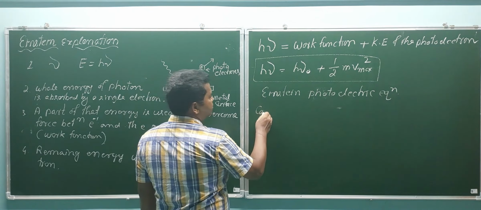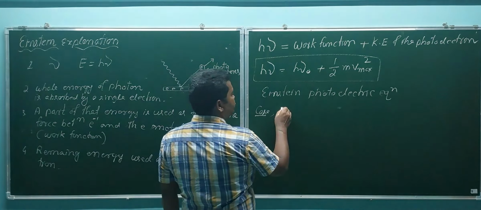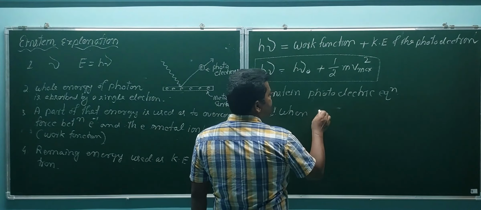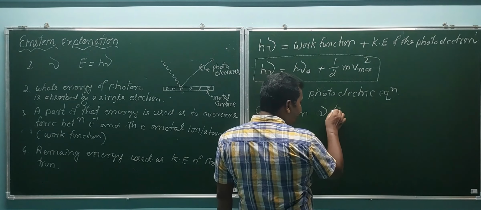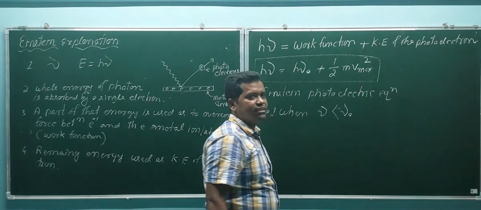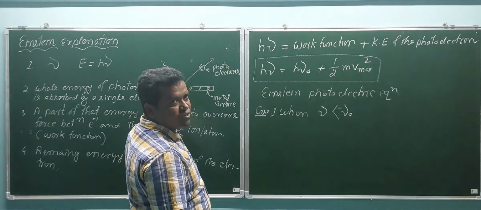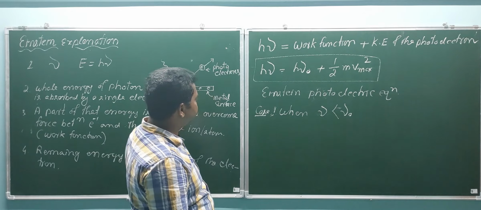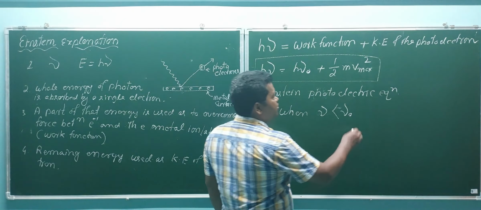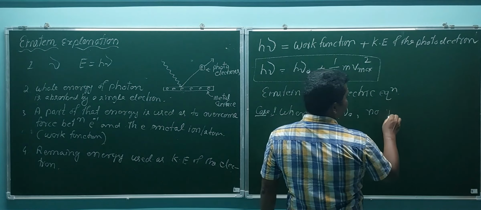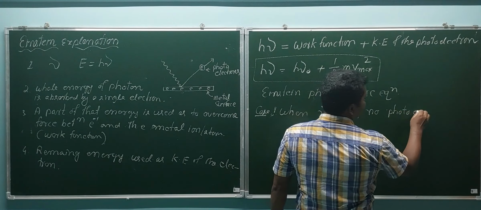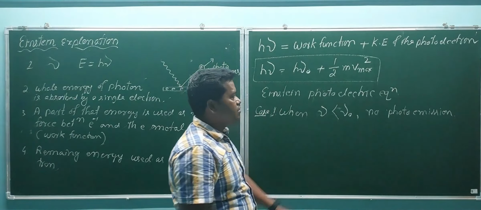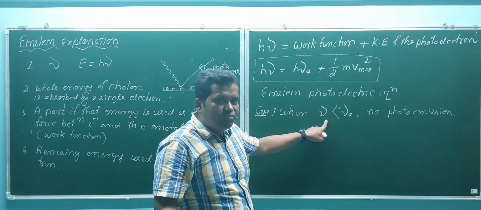Now, case 1: when nu is less than nu naught, that is, the incident frequency is less than the threshold frequency, there is no photoemission. The incident radiation has a lower frequency.